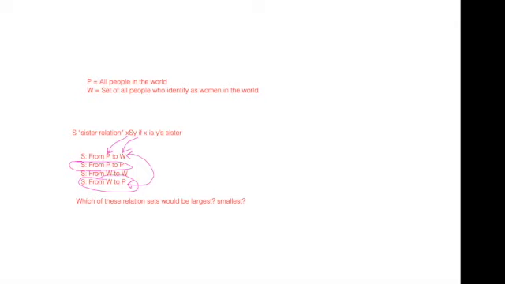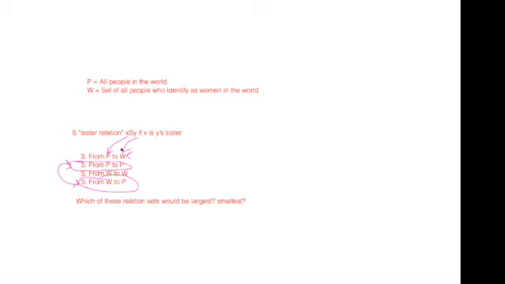So let's consider these two sets over here for a second. These two sets are going to have exactly the same size, right? If we're looking at this relation, we can rule out anybody who does not identify as a woman in set P, because they're not going to be a sister of anybody.